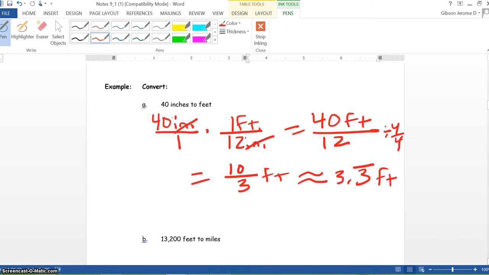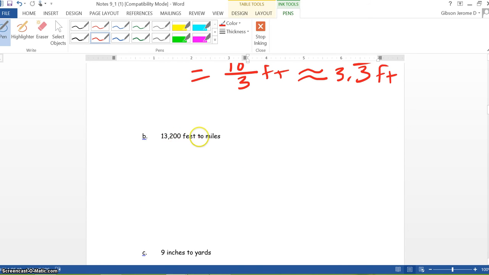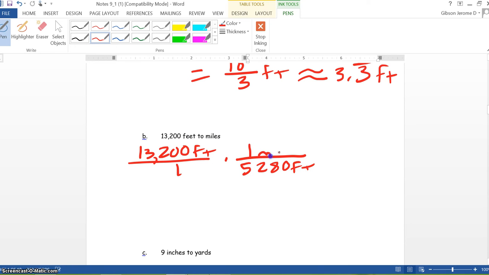So now, we come down here to B. We want to go from feet to miles. So we add 13,200 feet. Put that over 1. And remember, it's 5,280 feet in 1 mile. Now we can simplify out the feet.